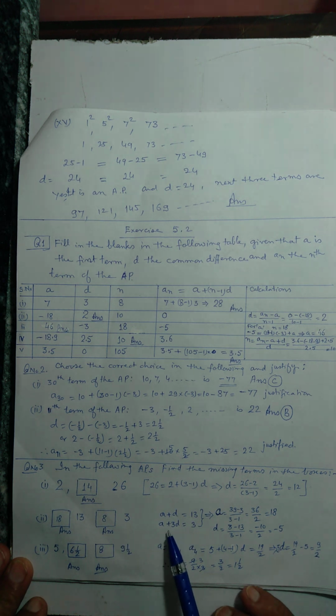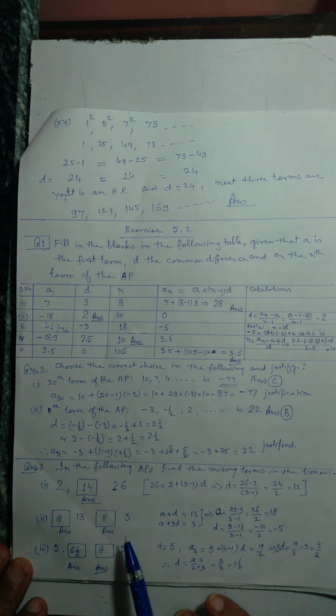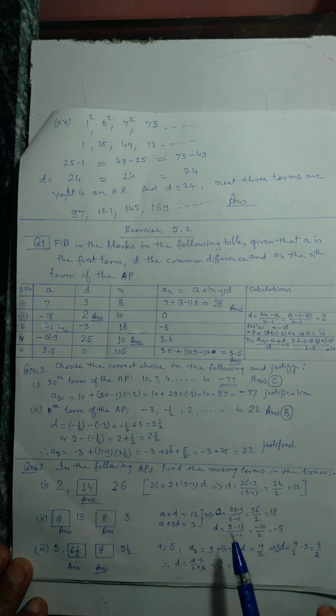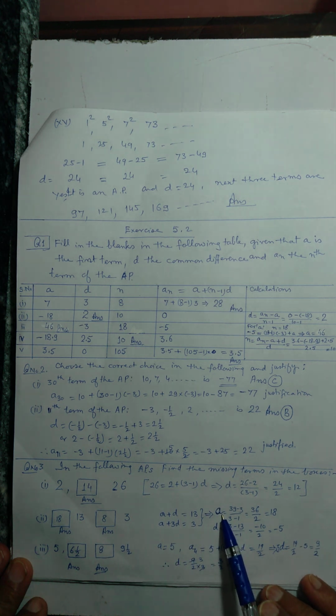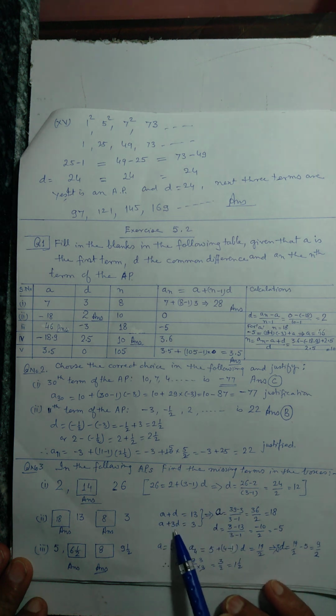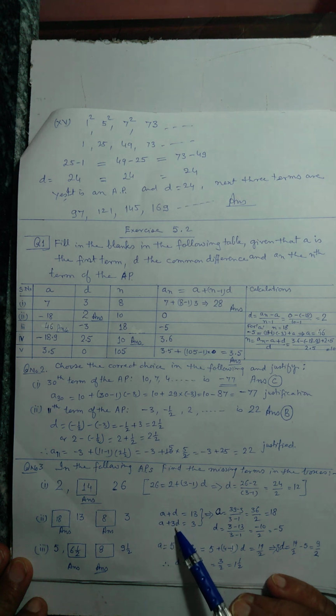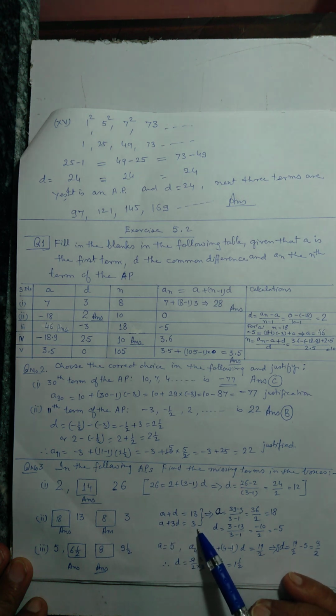And again a plus 3d means fourth term is given, that is 3. So here we can find out the value of a. These are the two equations: a plus d is equal to 13, a plus 3d is equal to 3.